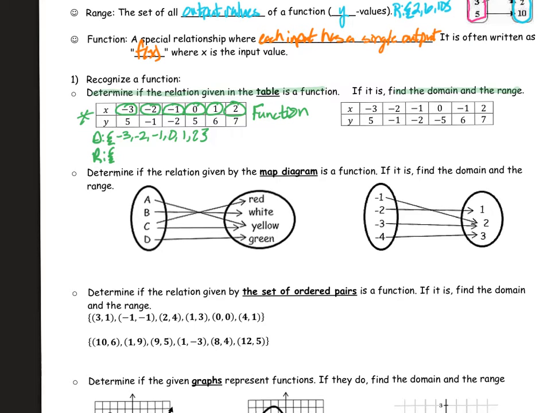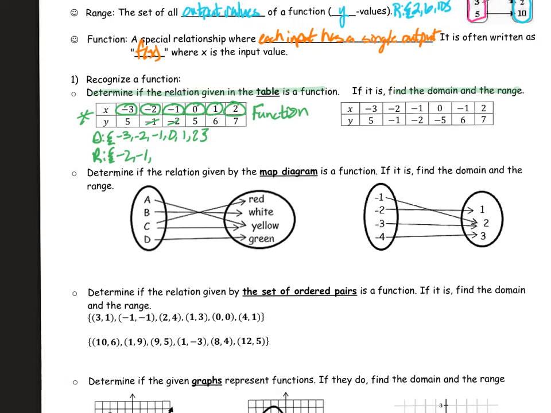So I've got 5, negative 2, then negative 1, and then, oh, look, I have 2 5s. So in my set, I only have to write each number. If a number, especially in the y, well, even in the x, if you had to do that, you only write it one time.